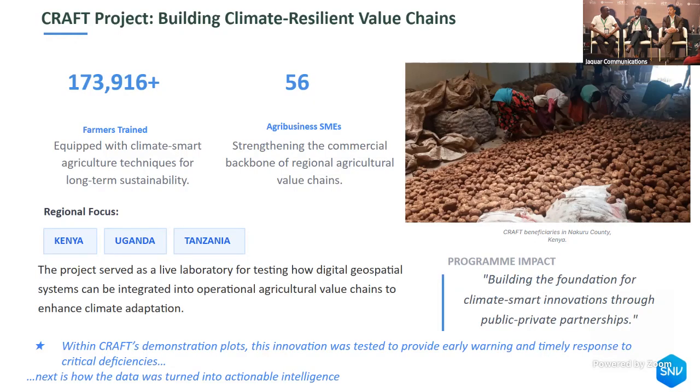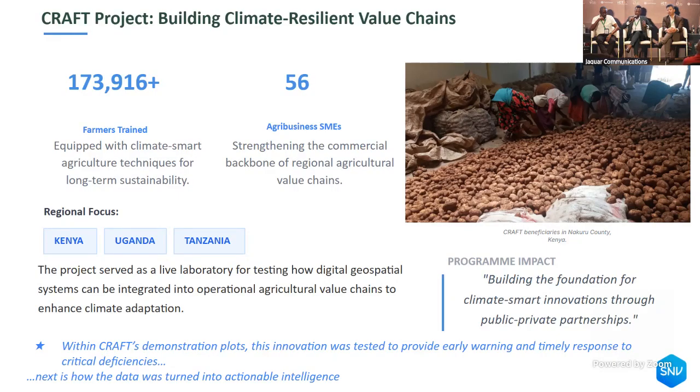As James said, the CRAFT project provided a very strong operational context in terms of climate smart agriculture. And one thing that we asked ourselves is, how about instead of waiting for the farmers to identify or to see the infected crops, how about if, for example, the value chains could tell us the stress?